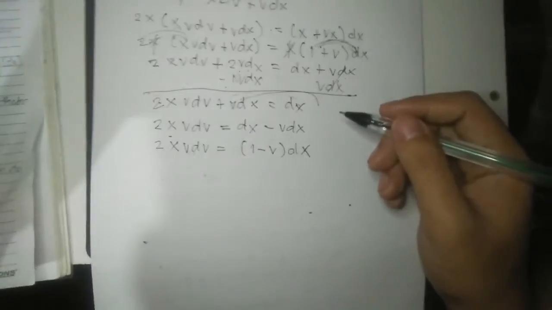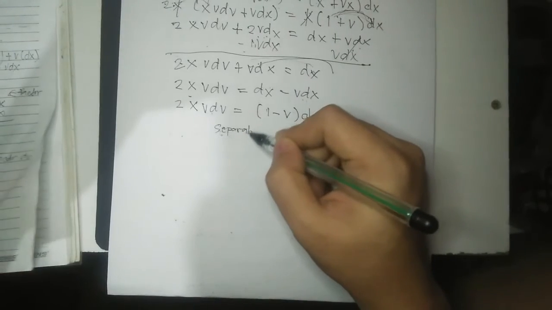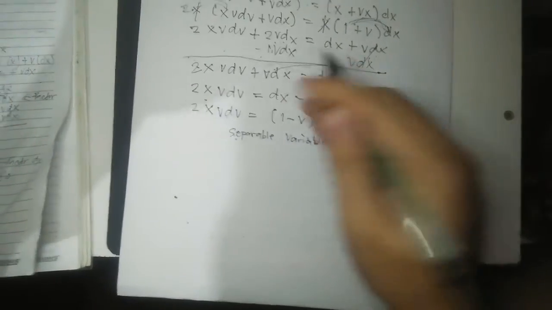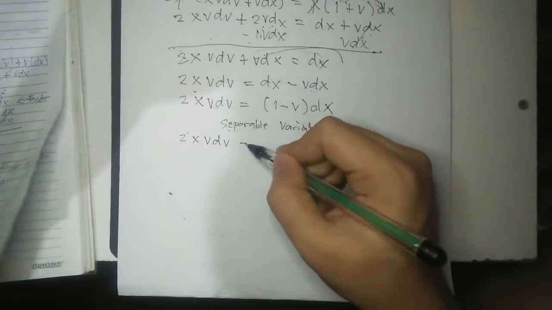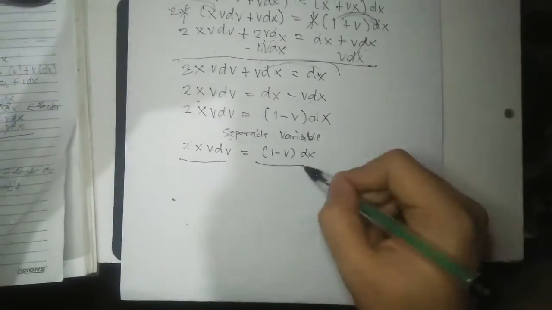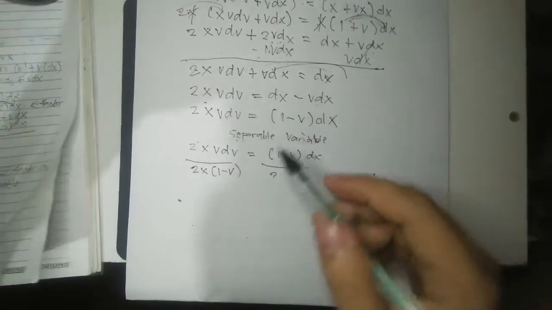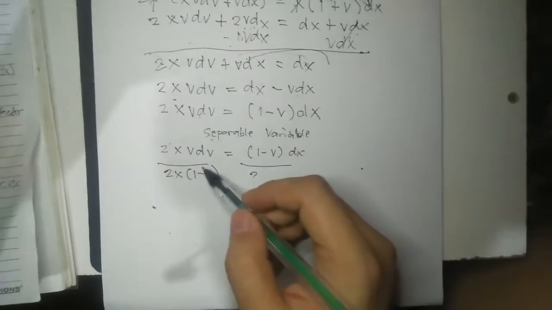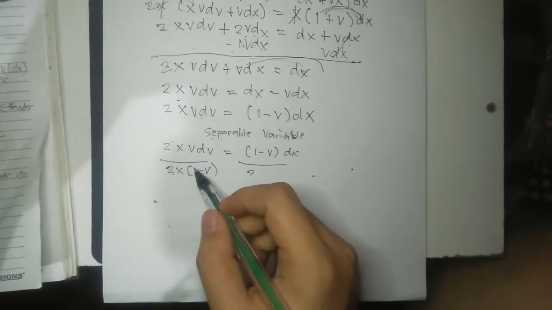As you can see here, we can use separation of variables. We divide both sides by 2x times (1 minus v).